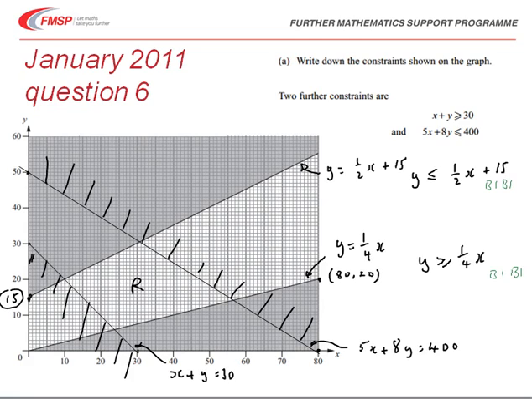The other part of the question, where we've put the new constraints onto the diagram, there was B1 for each line, B1 and B1, and having done that, there was then an extra B1 for the correct shading and B1 for the region R. So there we had a total of 8 marks in those 2 parts of the question, 4 marks in part A and 4 marks in part B.